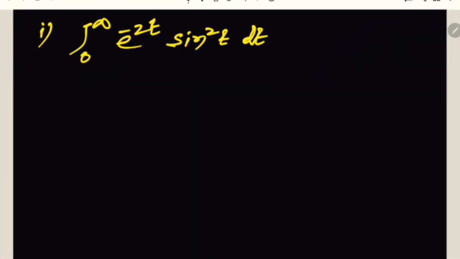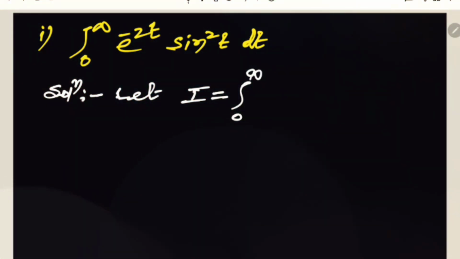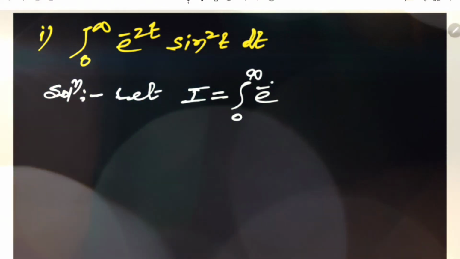First, integration from 0 to infinity of e raised to minus 2t into sine square t. To convert it, we convert that e raised to minus 2t as e raised to minus st, mentioning the value of s as 2.